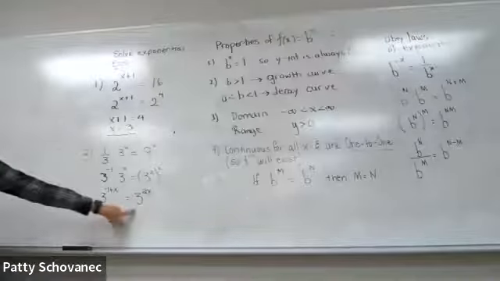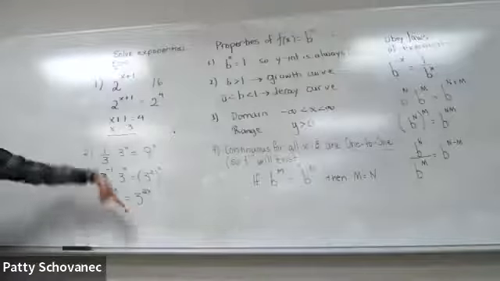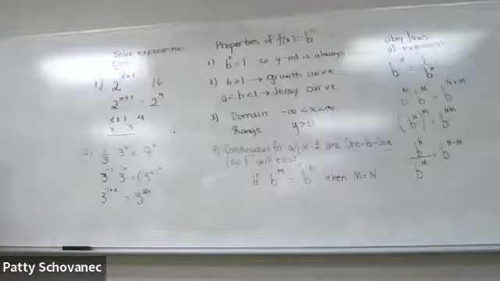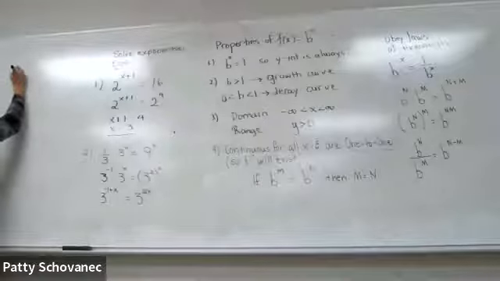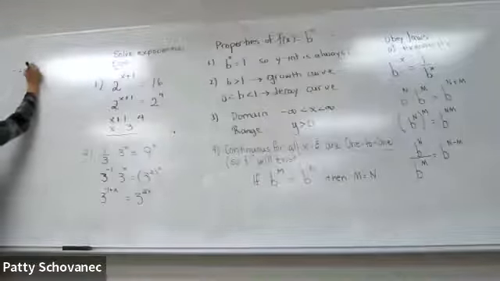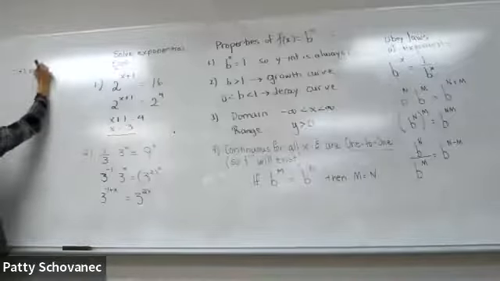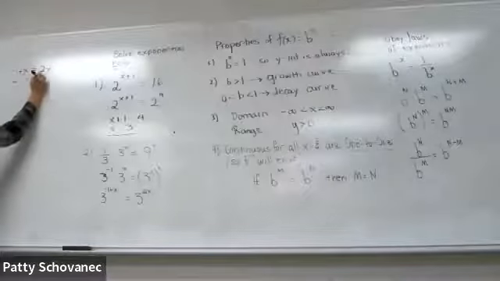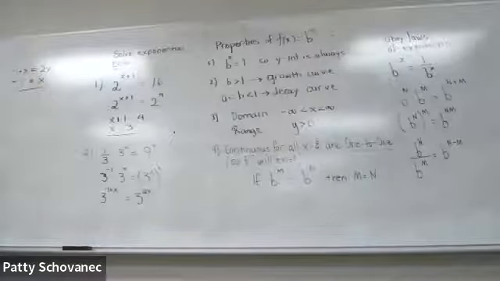Two exponential functions of the same base are equal only if the powers are equal. So now we can make the statement that negative 1 plus x is equal to 2x, and we solve for x. I guess I just subtract x from both sides. And we have it, negative 1 is x.